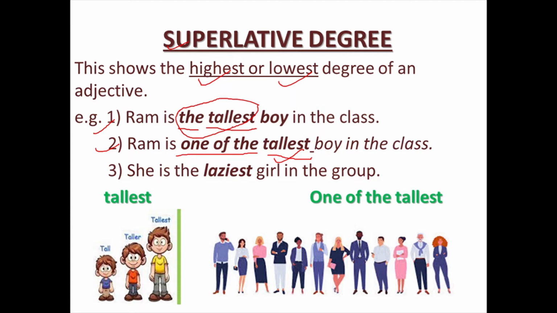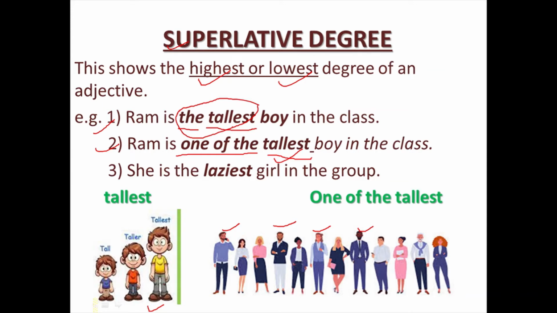What is the difference between these two sentences? Suppose this yellow t-shirt child, we call him Ram. We will say that Ram is the tallest boy in the class, meaning out of these three, Ram is the tallest. But in this picture, these four people are approximately of the same height.